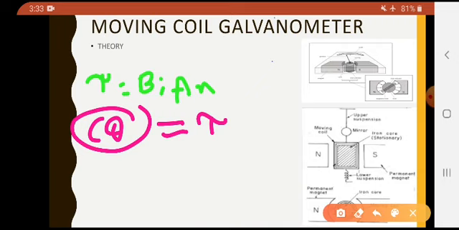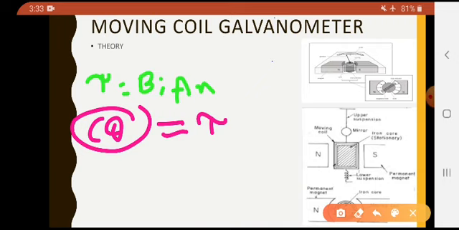The coil tries to rotate. The torsion couple is proportional to the twist produced in the wire. So the coil will rotate till equilibrium is established. In this equilibrium position, the coil does not rotate any further.